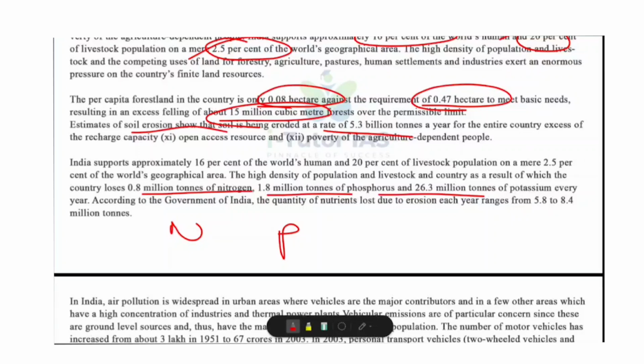And Government of India estimates that nutrient loss due to soil erosion ranges from 5.8 to 8.4 million tons per year. This shows that overuse of land, deforestation and poor soil management are not just environmental issues, they directly affect agriculture, food security and sustainability in the country.